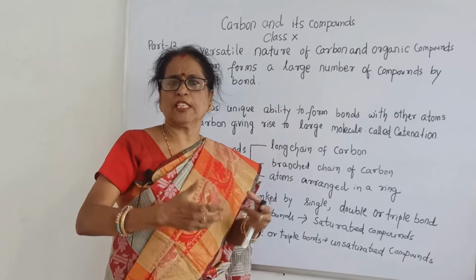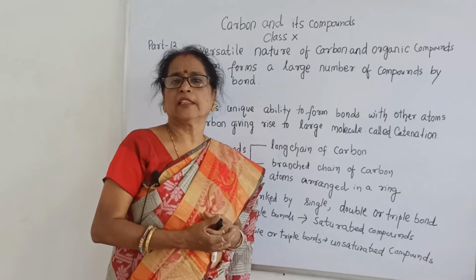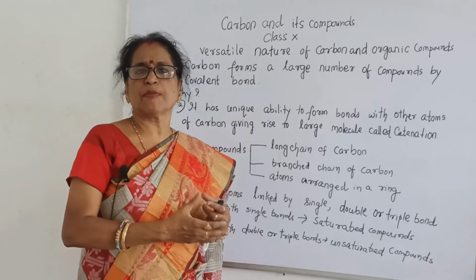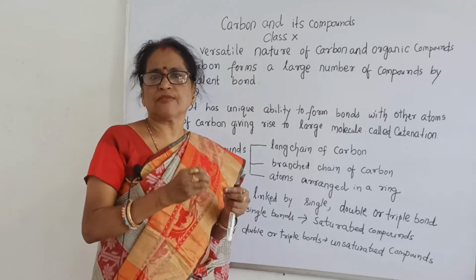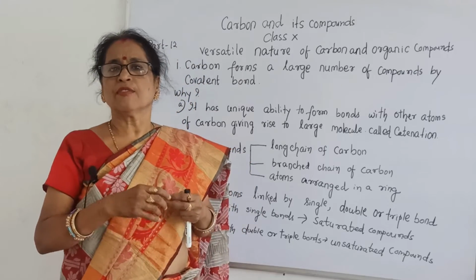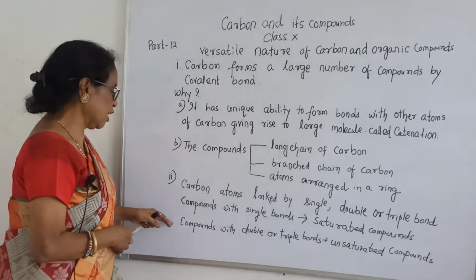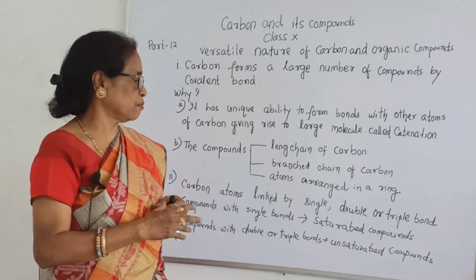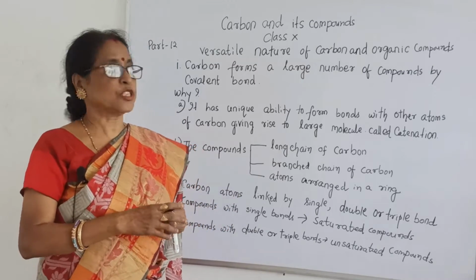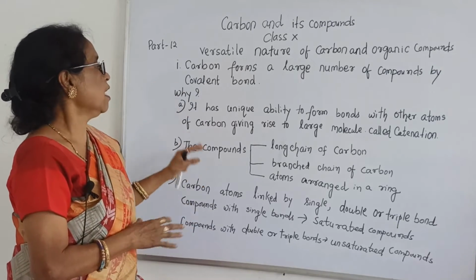What is sigma, what is pi, you can learn in class 11th. Always remember, the pi bond is very weak and the sigma bond is very strong. Again, compounds with double or triple bonds are called unsaturated compounds, and those with single bonds are called saturated compounds. Are you clear?